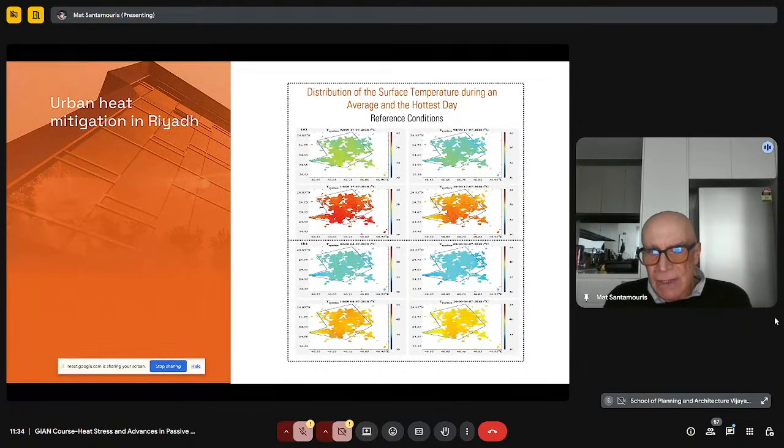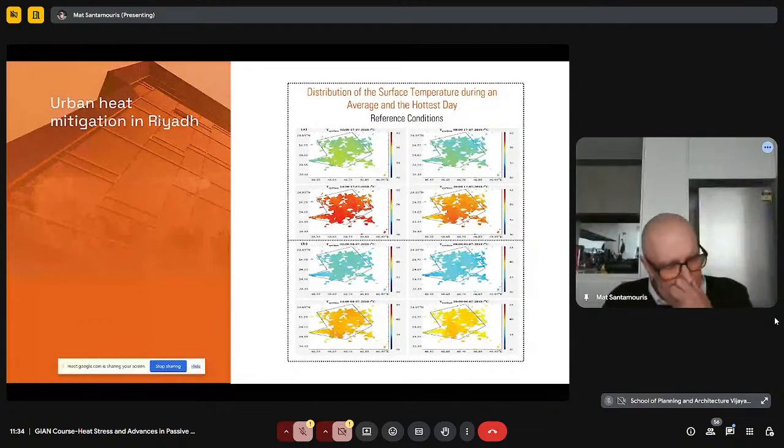And so we have assessed and understood that the surface temperature varies between 30, 35 degrees to 45 degrees, with sometimes important differences in several parts of the city, and especially in parts with a higher distribution of buildings.